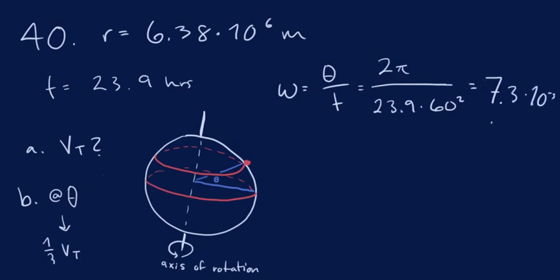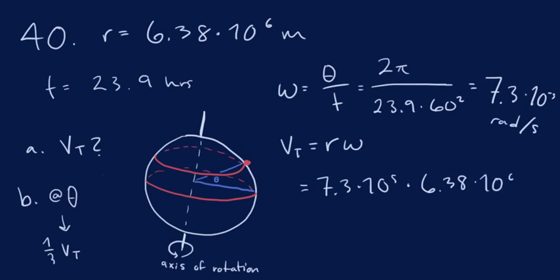And then we know that tangential velocity, vt, equals r times omega. So omega is 7.3 times 10 to the negative 5th, times r, which in this case is 6.38 times 10 to the 6th. And when we multiply all of that together, we get 465.9 meters per second.